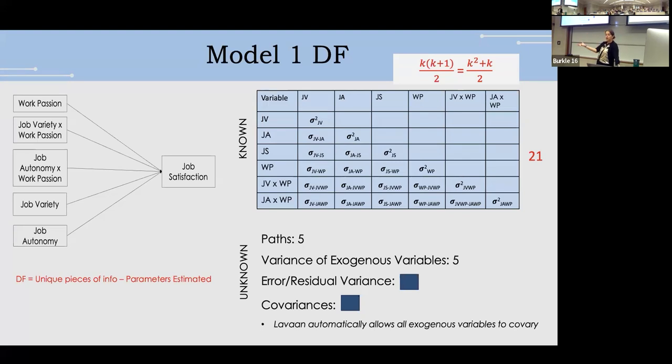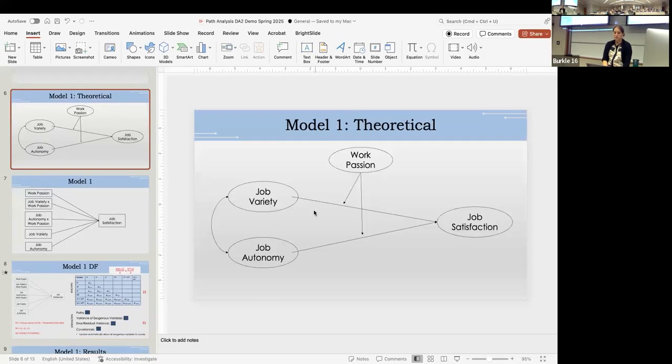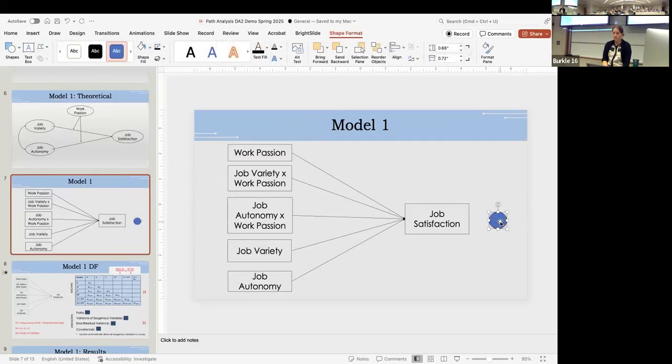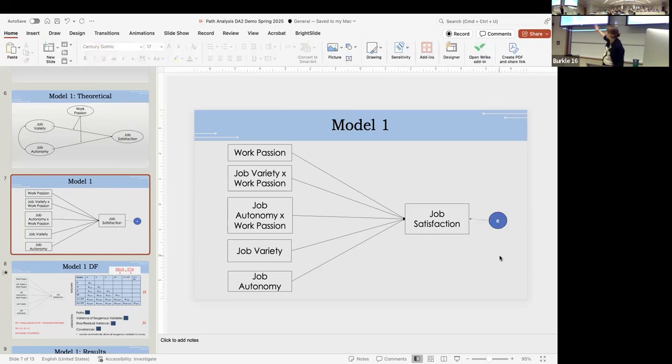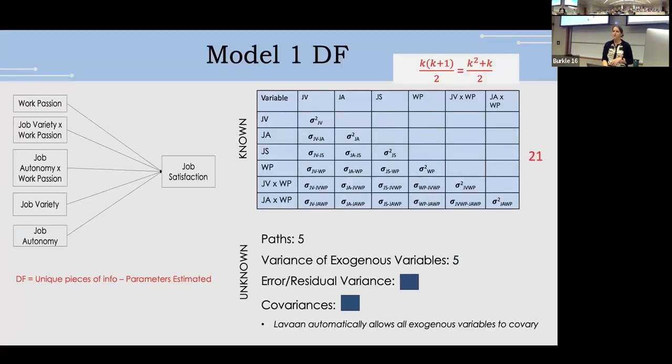And whatever's left over is the error. So if we wanted to draw it in, which we don't always do, we would draw it here, error. So job satisfaction is either explained by these 5 predictors or not explained. So how many error terms do we have? 1.